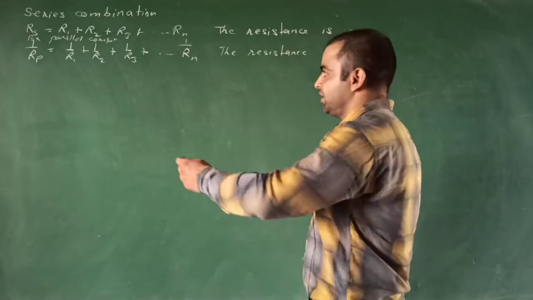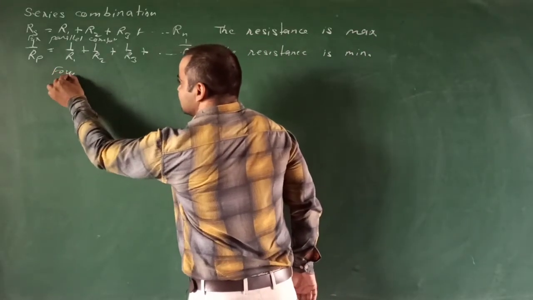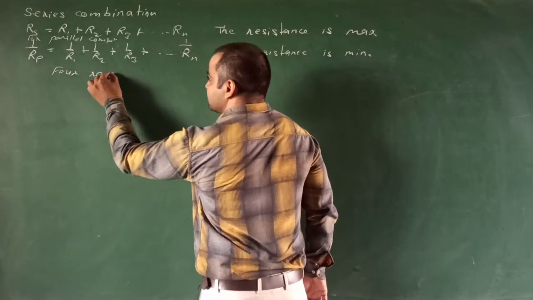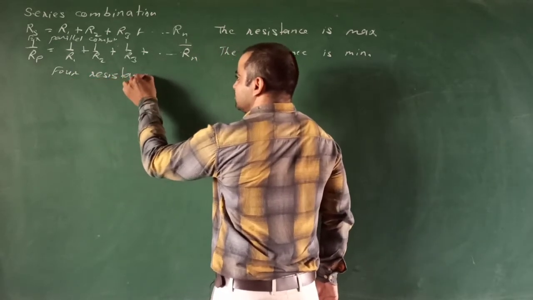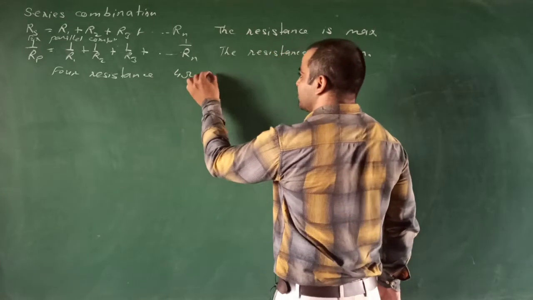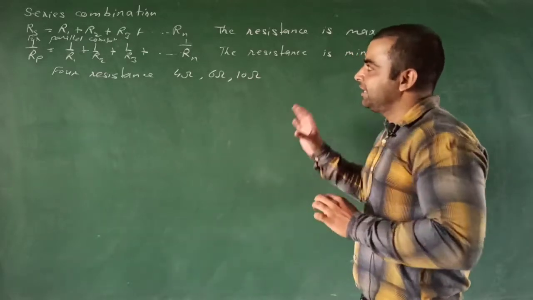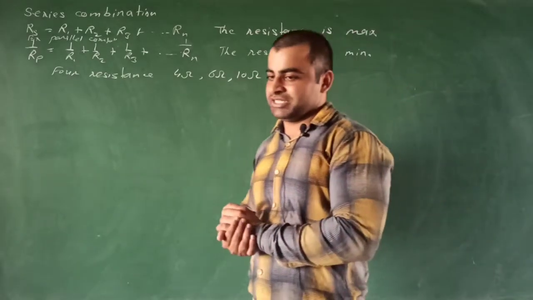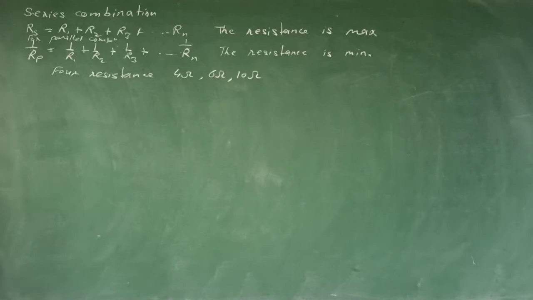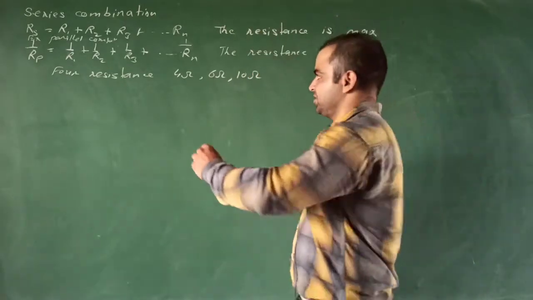So whenever it is given that there are resistances 4 ohm, 6 ohm and 10 ohm, find the minimum resistance and maximum resistance, it can be given in the question.